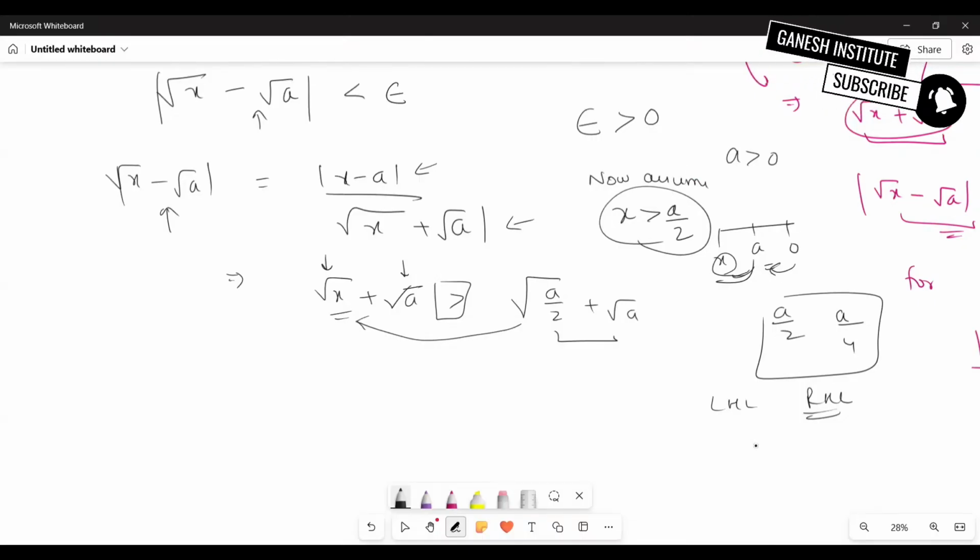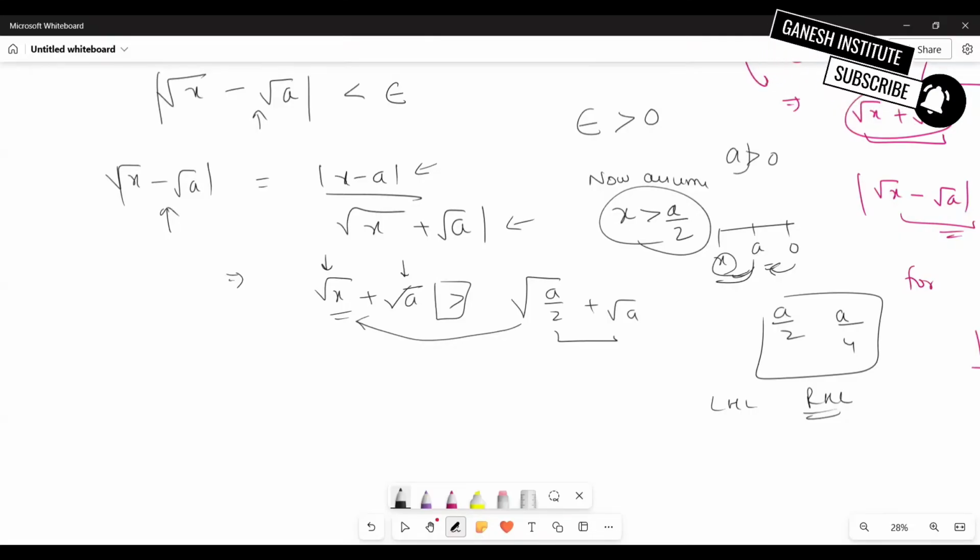You are considering it in the neighborhood of A. So what you are doing, even after having an increasing function, you want to limit it to a particular value so that it will not give me an indeterminate form, right?